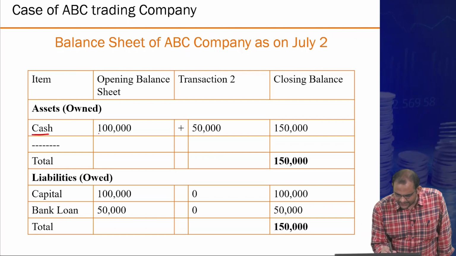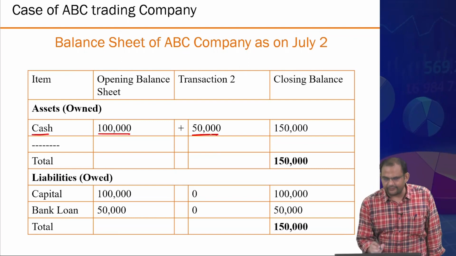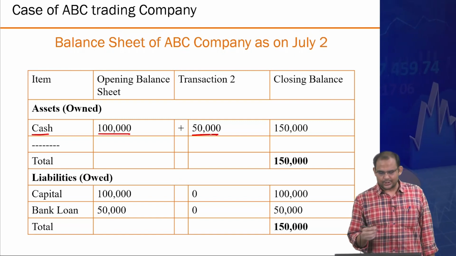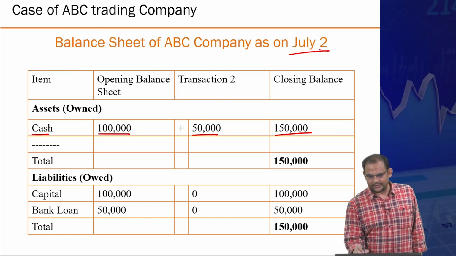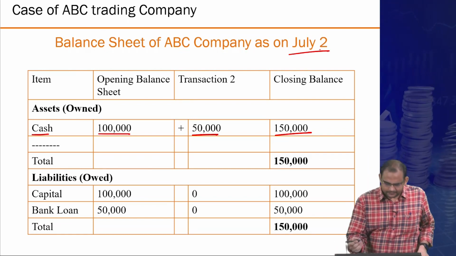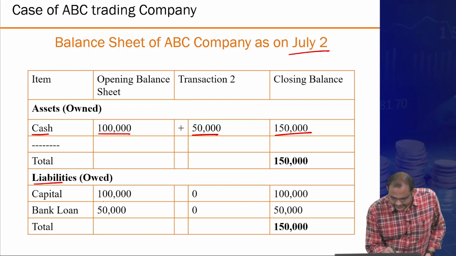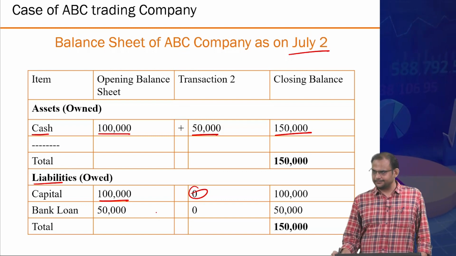So the cash original balance was 1 lakh rupees. This transaction added 50,000 rupees, so the total becomes 1 lakh 50,000 at the end of day 2, which is July 2 in this case. On the liability side, capital still remains the same, no change in capital.